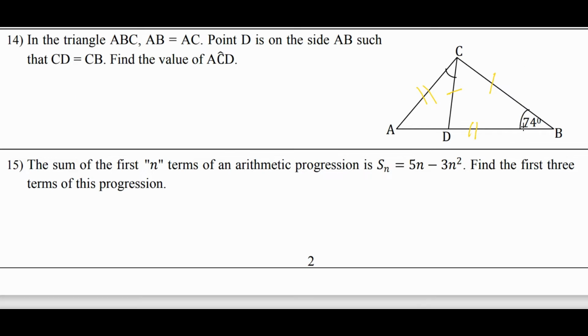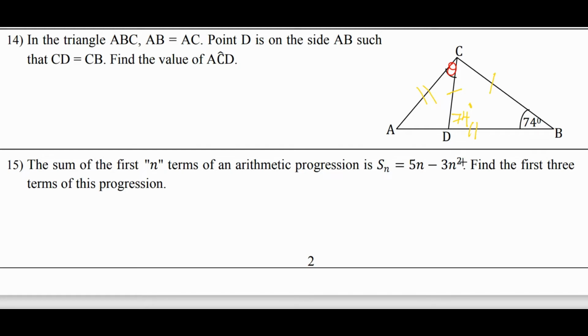Yes, then definitely this angle is 74 degrees because of the isosceles triangles. We are asked to find the value of ACD. ACD is the mentioned one. I am putting here a value of theta. Then I will have to find the value of theta.